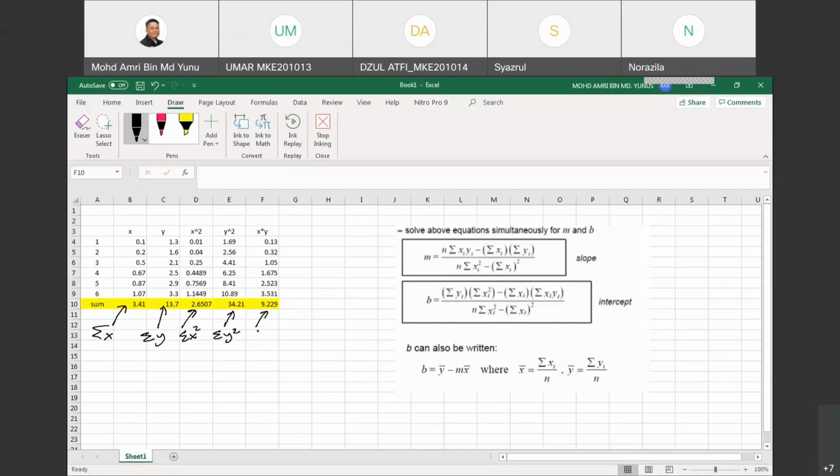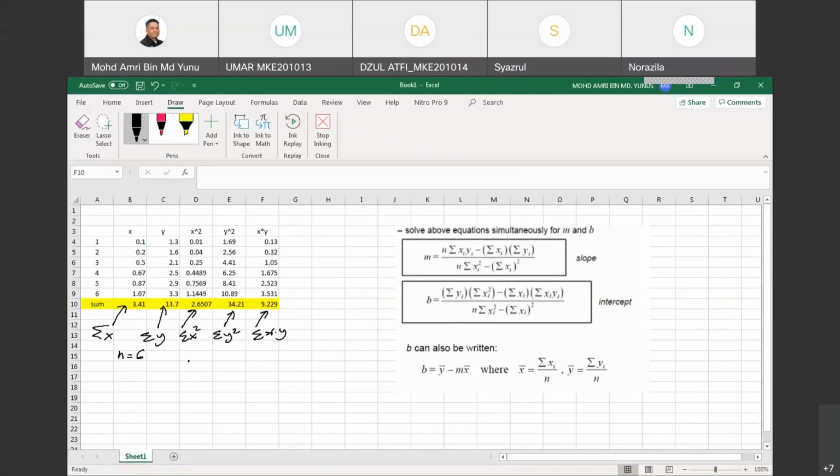And this is the sum of x multiplied with y. Okay, and n is the number of points, 6.